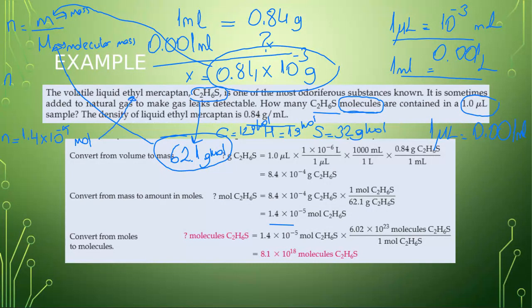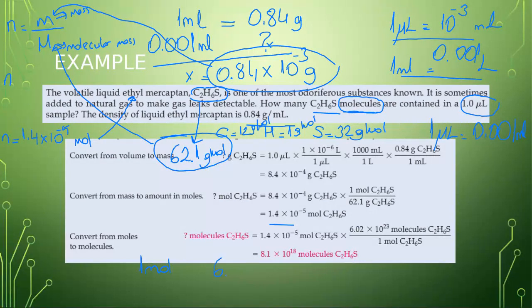Okay. We found that, and you know here 1 mole, always all of molecules, 1 mole contains Avogadro's number. Always 1 mole of ethyl mercaptan, Avogadro number, what is that?